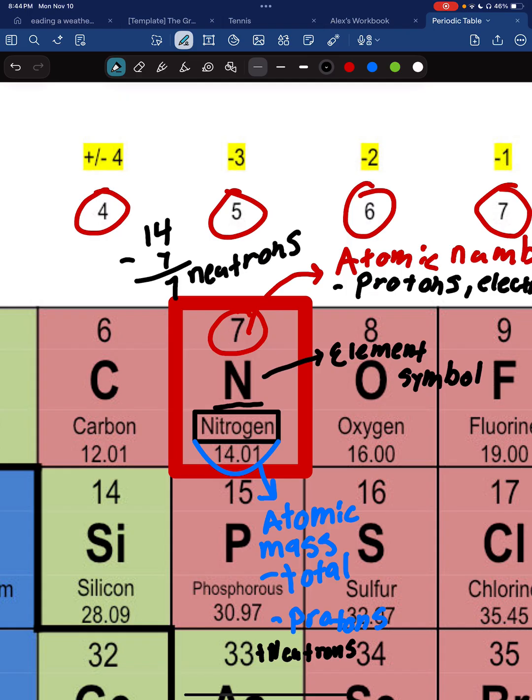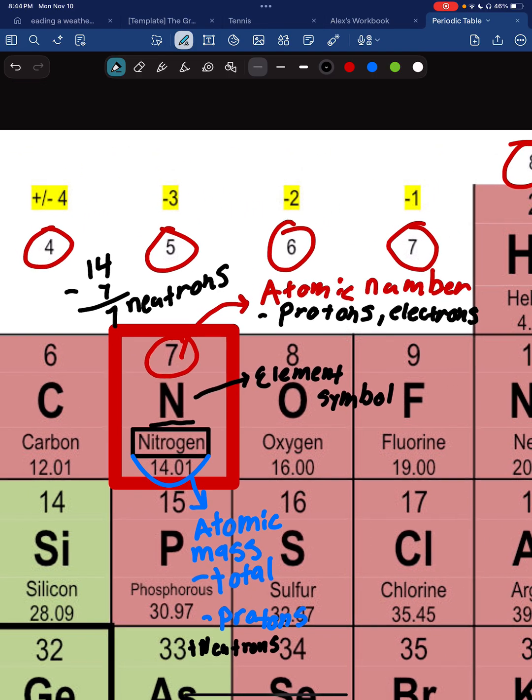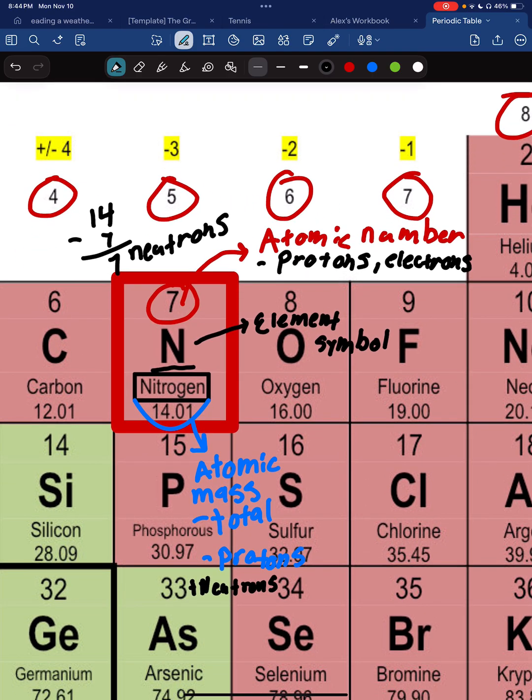Seven neutrons. So this little box can give you so much information. It tells you how many protons it has, how many electrons it has, and how many protons and neutrons are added together.